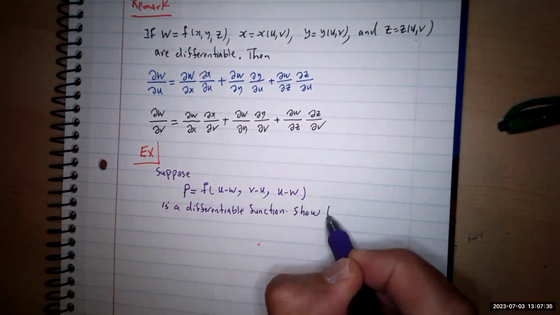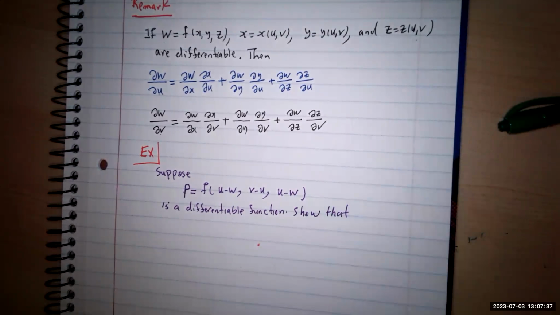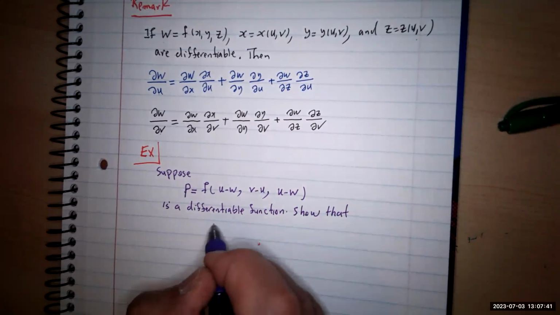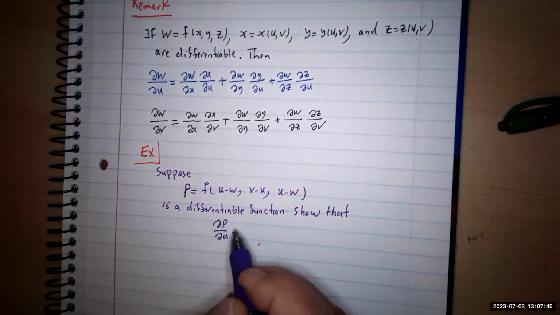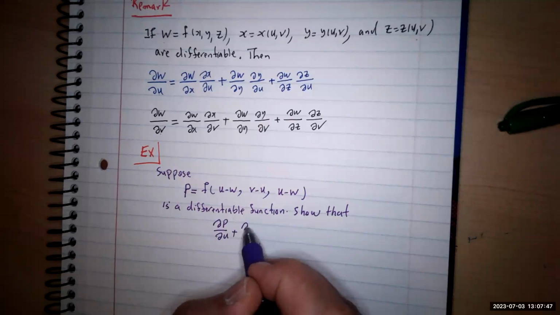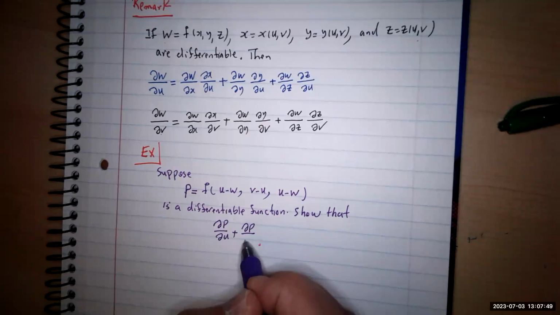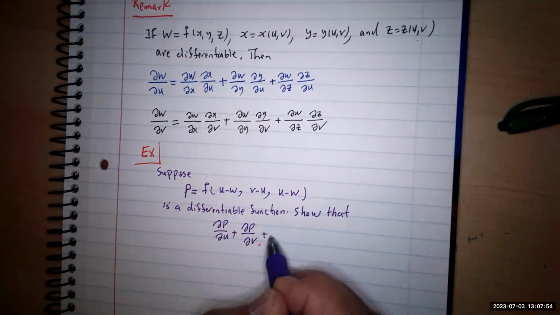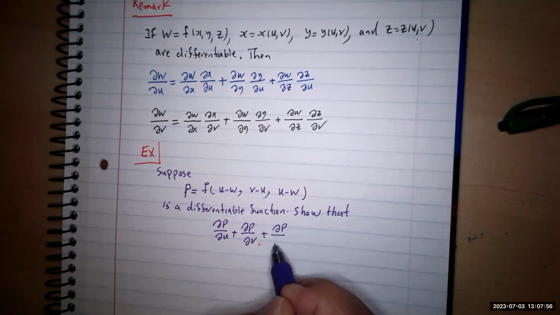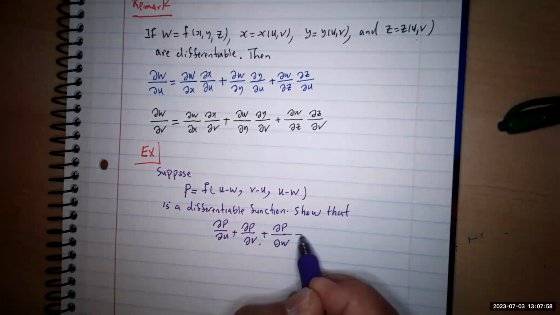Show that ∂P/∂U plus ∂P/∂V plus ∂P/∂W is equal to 0.